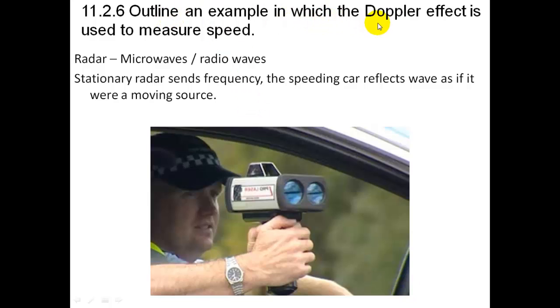Outline an example in which the Doppler effect is used to measure speed. We have a radar here that's used to measure speed. It sends a signal to the approaching car, then it's reflected.